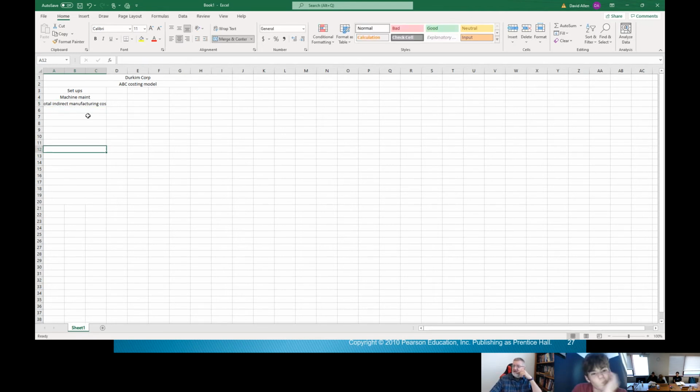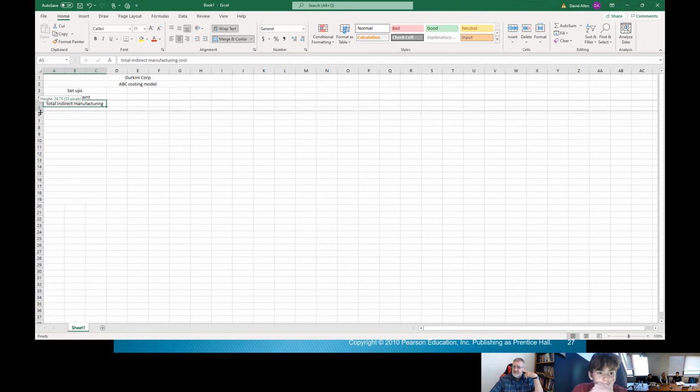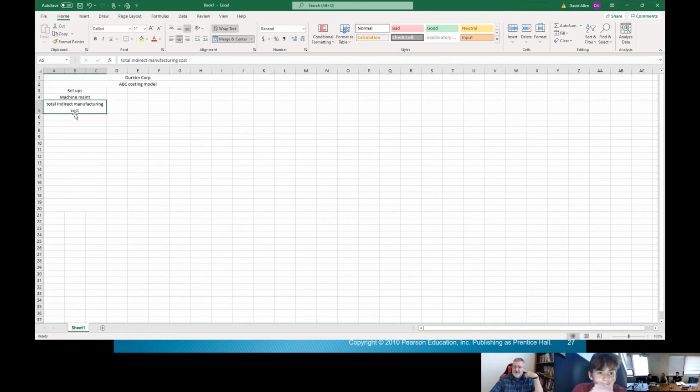You see that doesn't quite fit in there, right? So I'm going to click on that block and come up here and tell it to wrap text. By clicking on that block and telling it to wrap text, it wraps it around and drops it. So then I can make this block just a little bit bigger and I have all of that information in that block. You guys see how I did that?